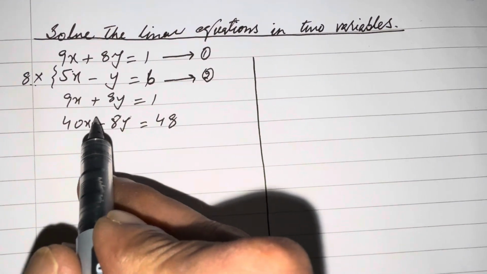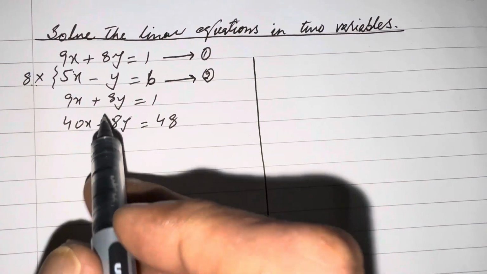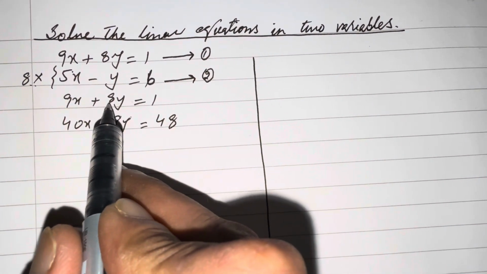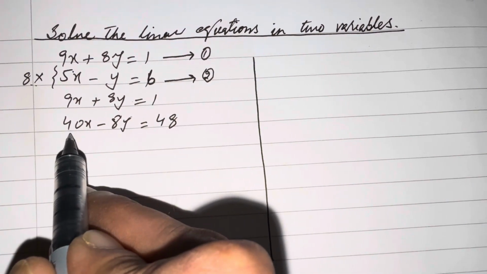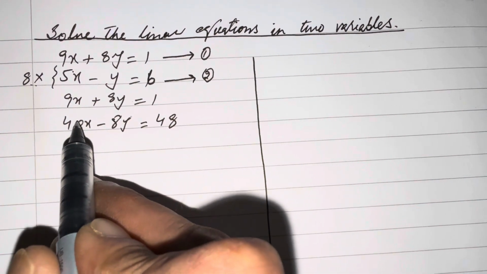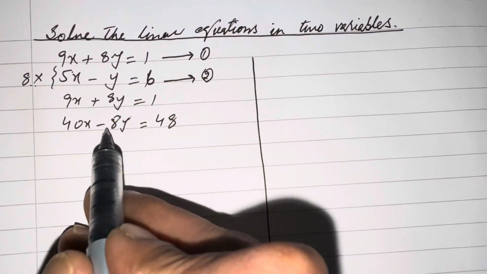So now if you add these two equations, the 8y will be cancelled with 8y, so we will get the value of x. So the easy way to find the value of x is that you will have to add these two equations.